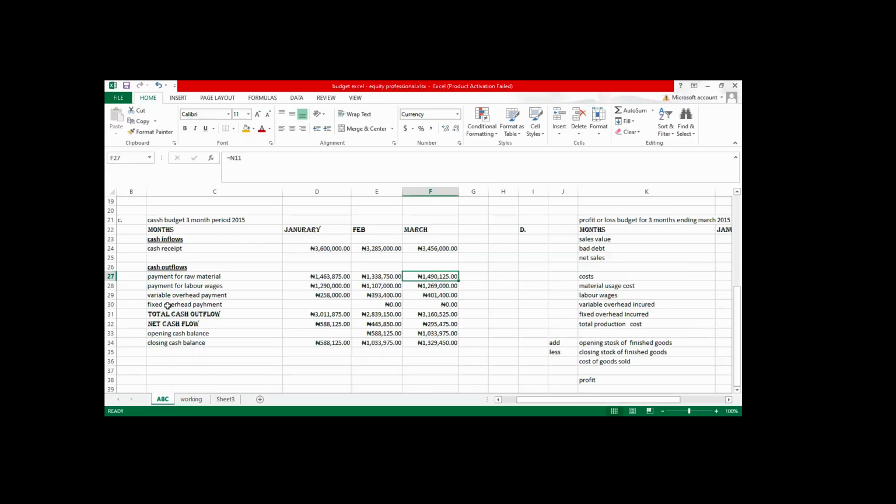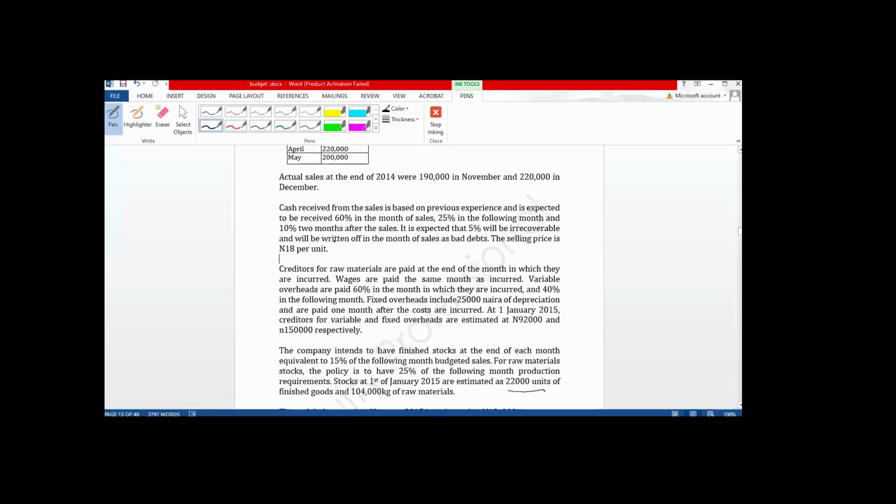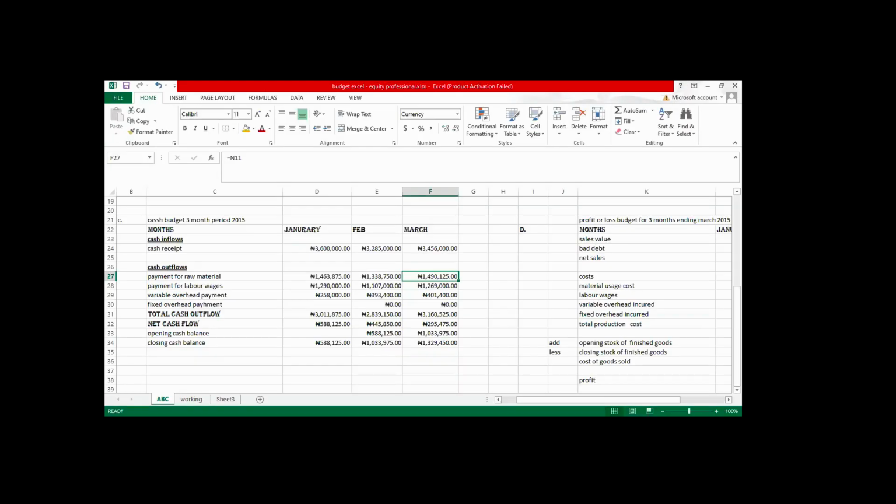Next, payment for labor wages. Let's go and check. Wages are paid the same month as incurred. What is the labor wages? Per unit is 6 naira.